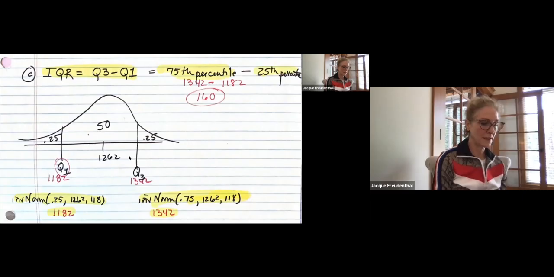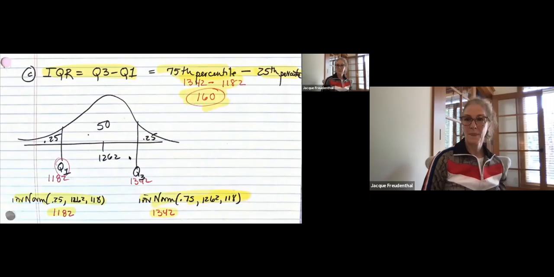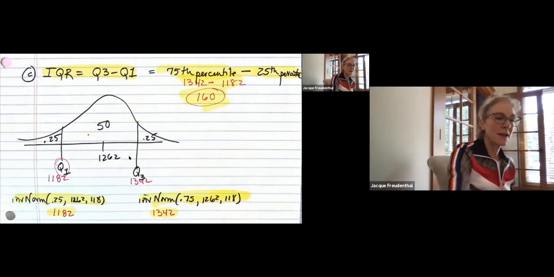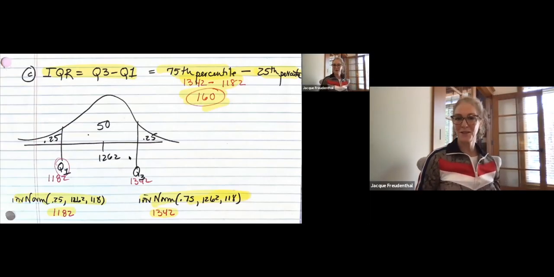Find the 75th percentile, the 25th percentile, and then subtract. So if you want the calculator commands, go back to this part of the video and pause it, because those were the notes that you can see for that last question, or the question before this one at least.